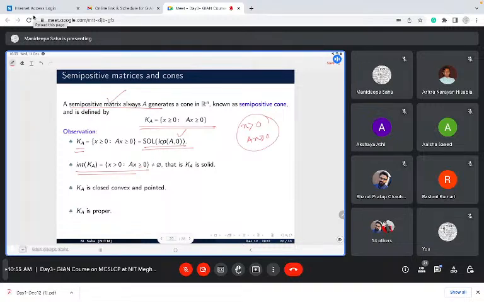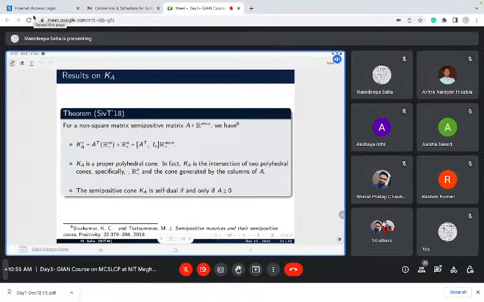So the interior is non-empty, which shows that K_A is solid. One can easily check that it is closed, convex, and pointed. Therefore, a consequence of all this is that K is a proper cone.